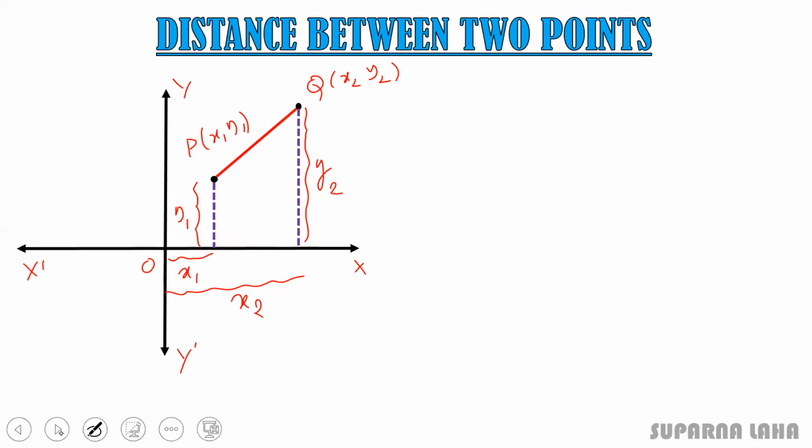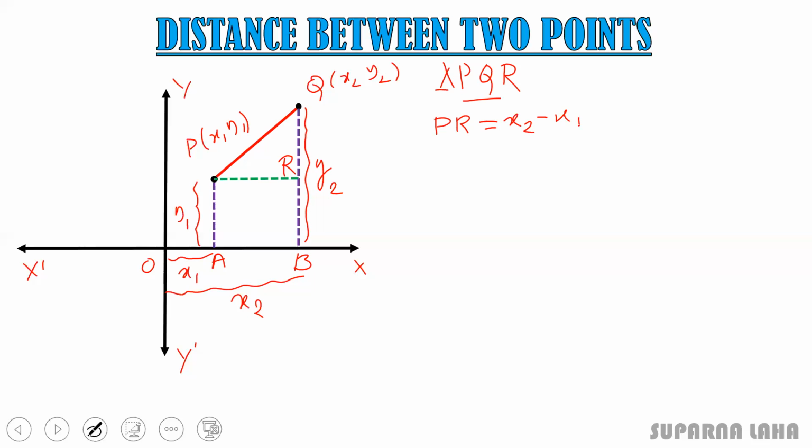Let us draw this perpendicular line, cutting QB at R. Take this one R. So PQR is a right angle triangle. And what is PR? PR is x2 minus x1.